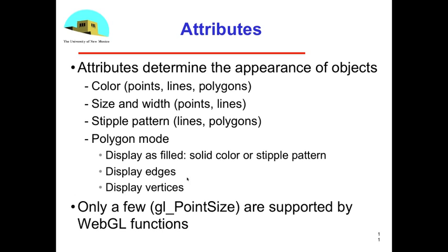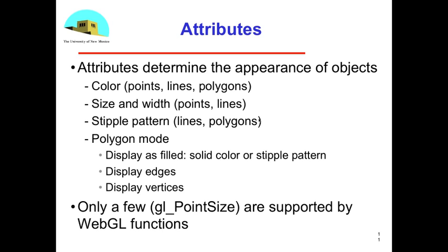Do you display the edges or not, if you're filling the inside? There are modes where, if I have a polygon, I only display the vertices as points. So all of these are attributes, how I want that polygon to appear.